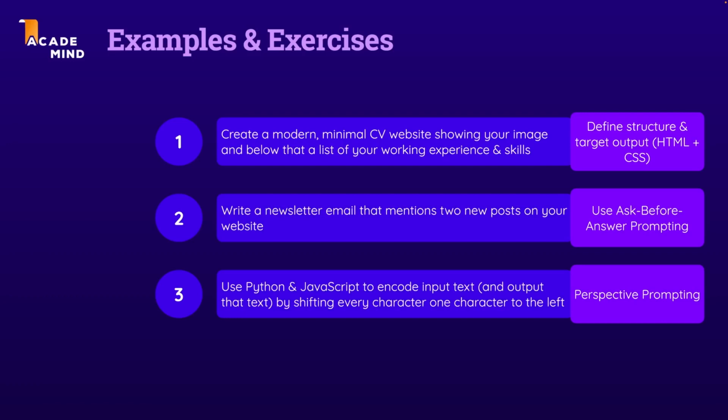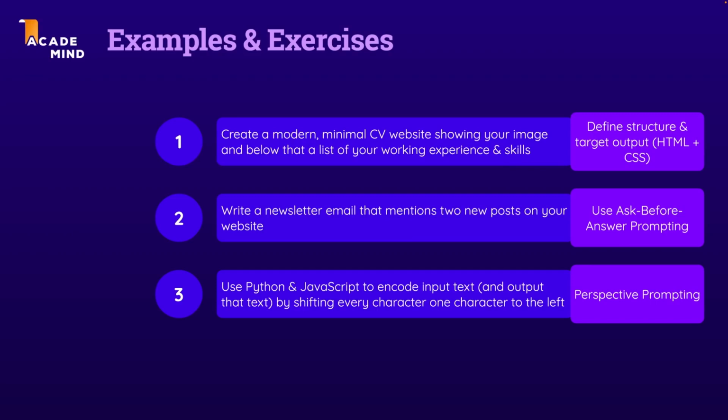came up with. Now, the second task will be about writing a newsletter email. So ChatGPT should, of course, write that newsletter email. You should write a prompt that leads to that newsletter email being written by ChatGPT. And in that newsletter email, you want to have two new posts that you might have on some fictional website being mentioned by ChatGPT.